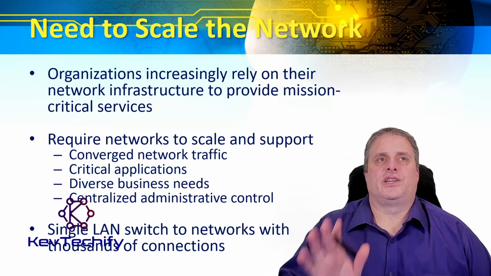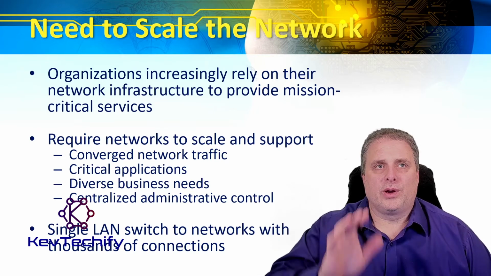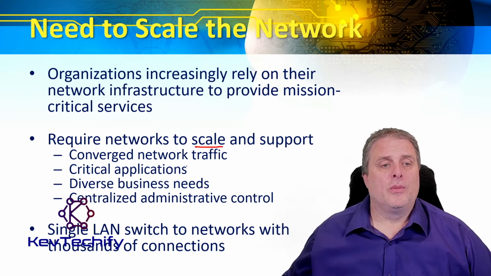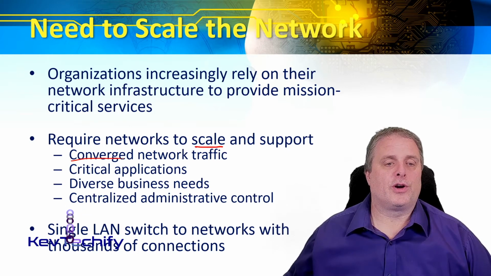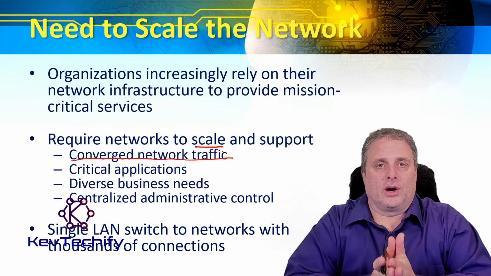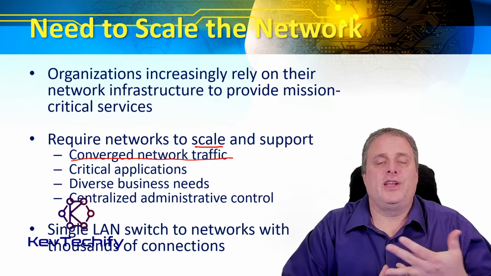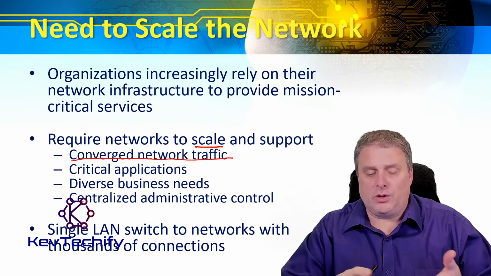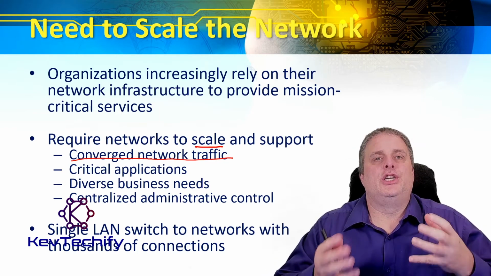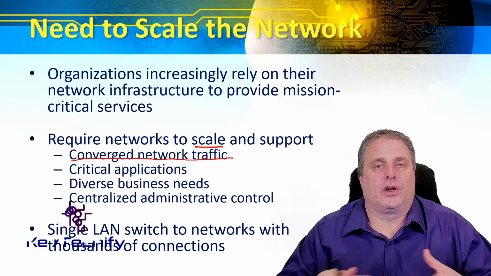As your organization evolves, it requires networks that can scale. So your network needs to scale, but it also needs to support converged network traffic. When we look at your network, you have voice on there, you have video on there, you have data on there, and you can be running other things on there. To your network, it just looks like IP packets going across there.